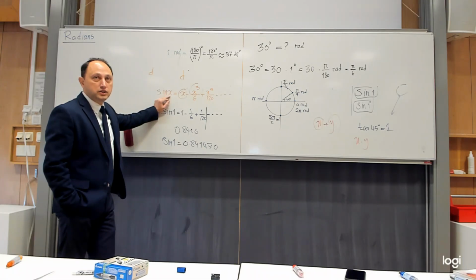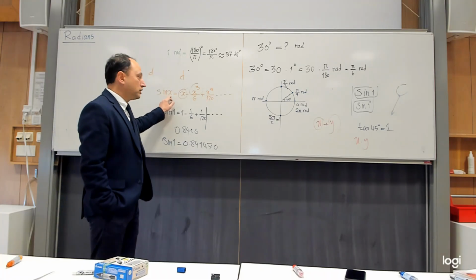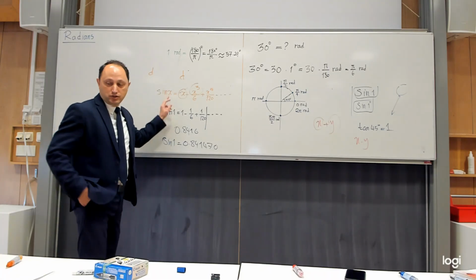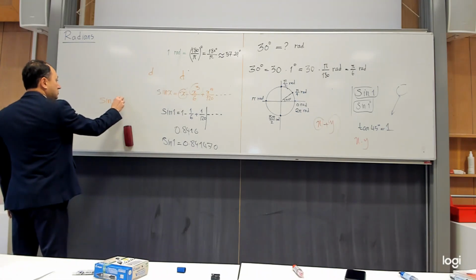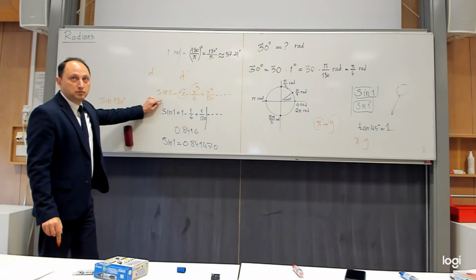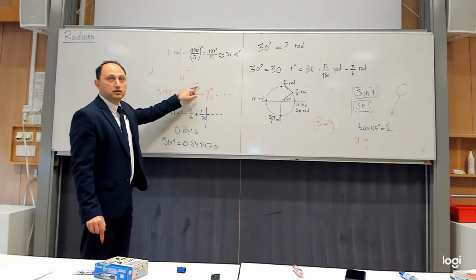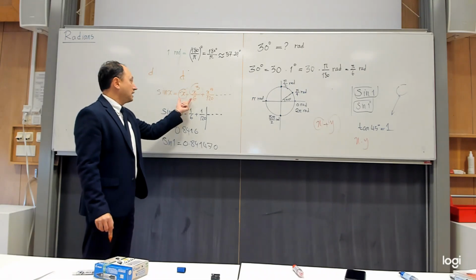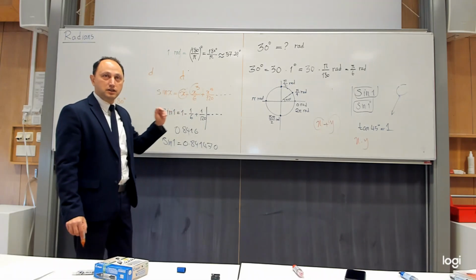And if you want to see how much it is in degrees, you can then calculate it in degrees. If you write sine of 180 degrees, you cannot use this formula, because this becomes degree to the power 3.